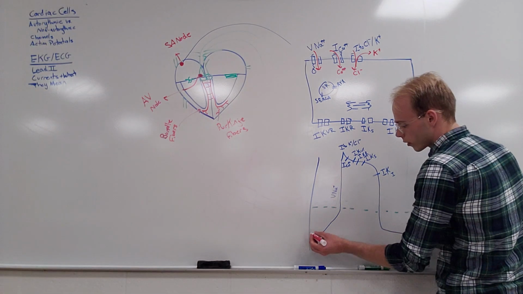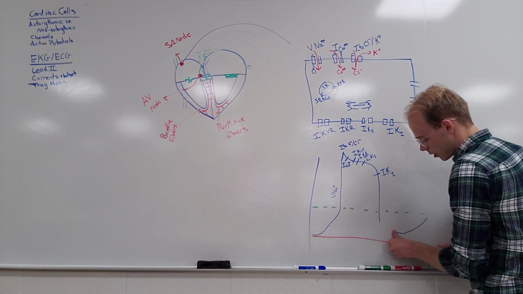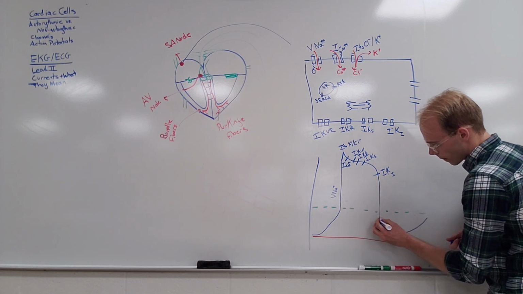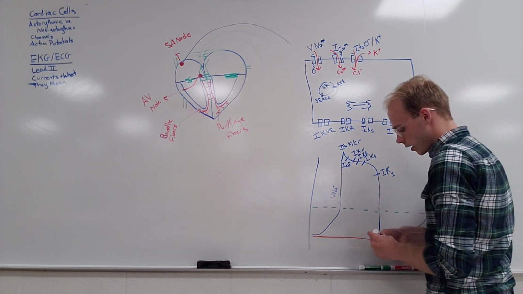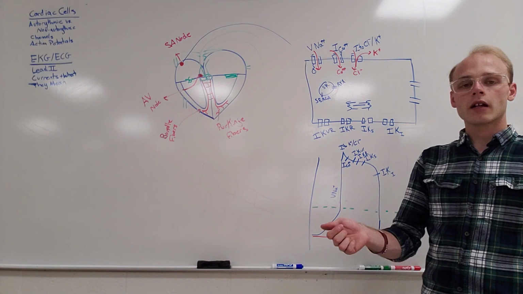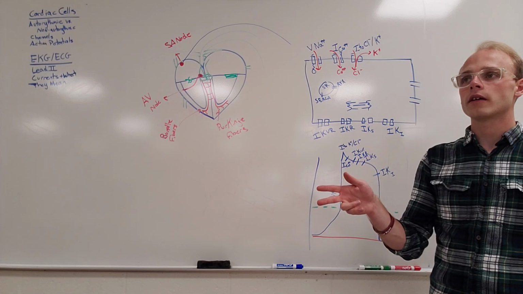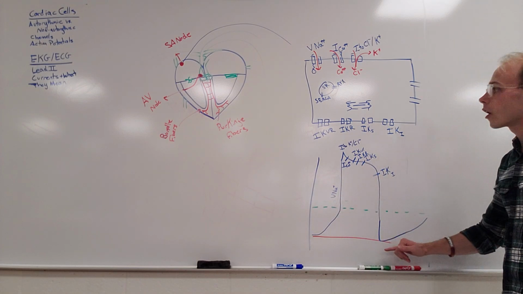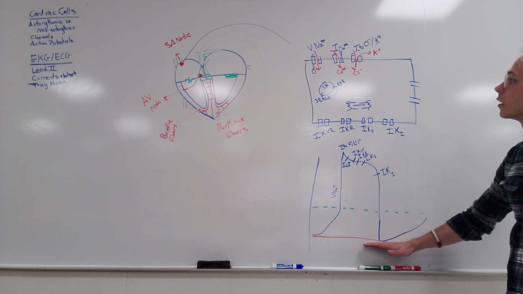Another important thing to notice is, I'm going to draw this a little lower. So unlike skeletal muscle or smooth muscle, or in neurons, the cardiac muscle doesn't drop below resting.